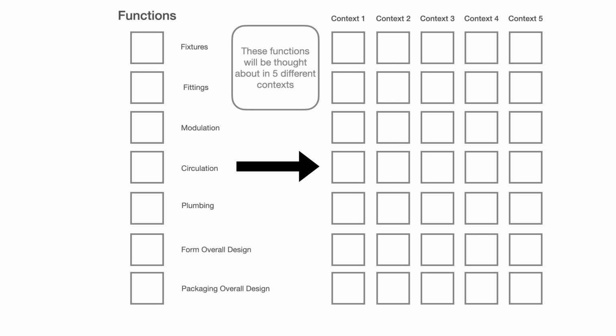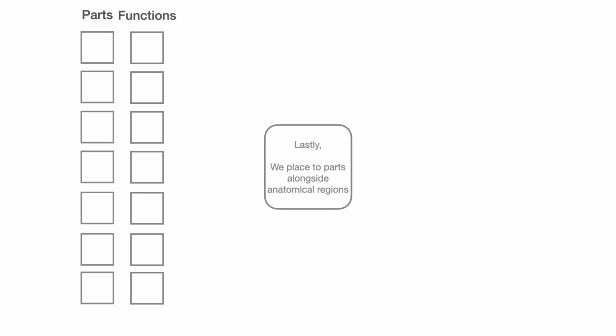So we'll then place parts that could make sense alongside those functions, but the template is really just for functionality, and then we can go through and say, yeah, you could put that part there.